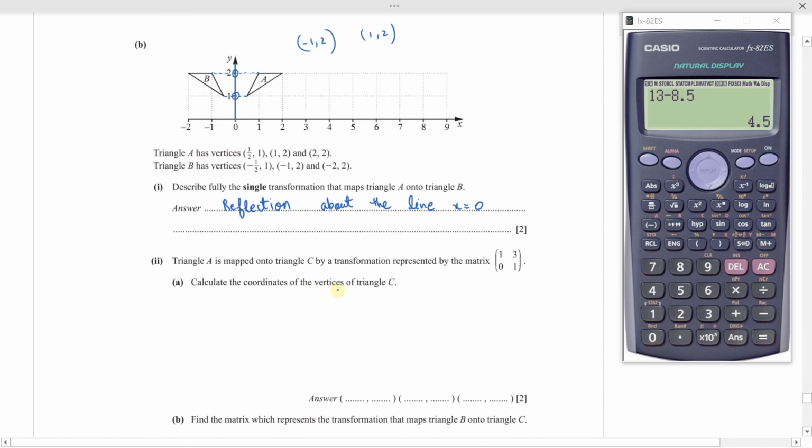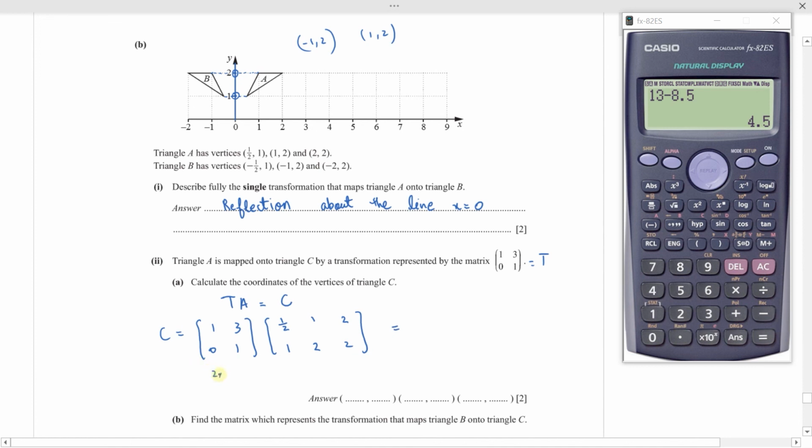Calculate the coordinates of the vertices of triangle C. If we apply the transformation, let's call it T, to triangle A, you get triangle C. So to get C, I have to multiply this transformation matrix, which is (1, 3, 0, 1), by the matrix that represents the coordinates of triangle A. Triangle A has vertices (1/2, 1), (1, 2), and (2, 2).